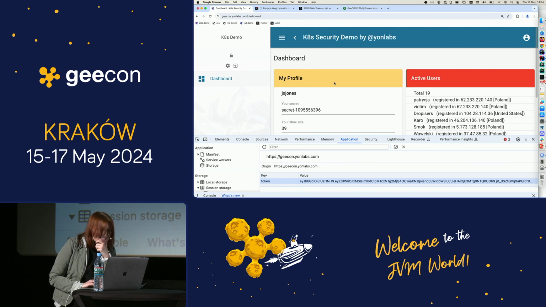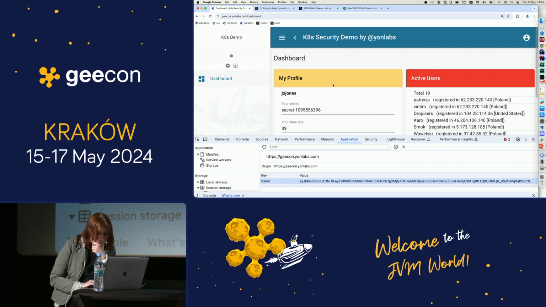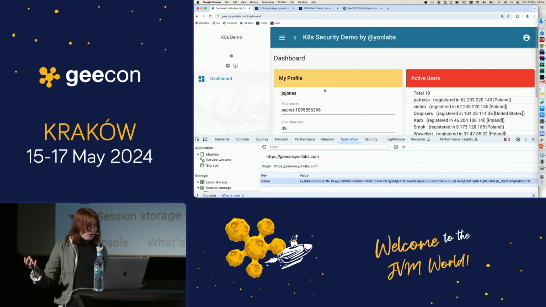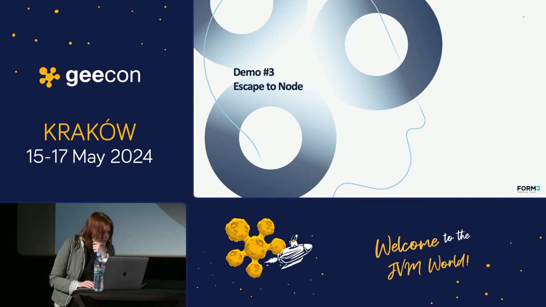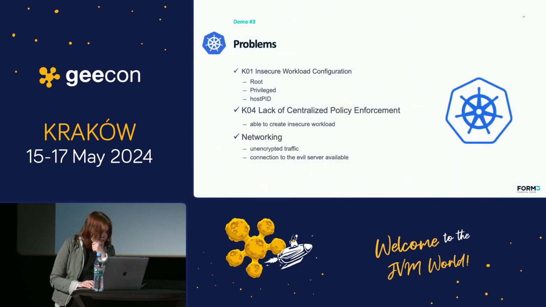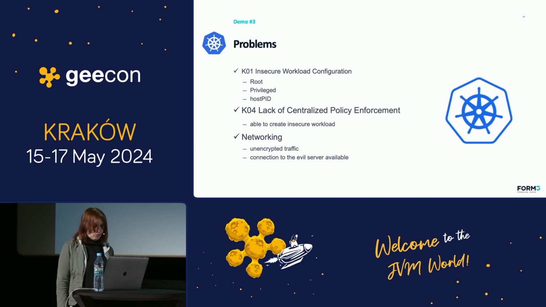Jonas, you've been hacked. Oh, thank you. Thank you for your help. And that's all because of you, all those successful demos. So we've escaped to the node, and we've managed to sniff traffic and grab one of your JWT tokens.